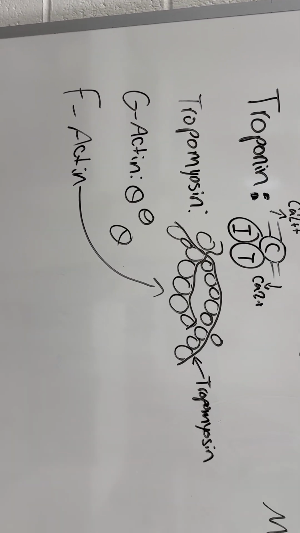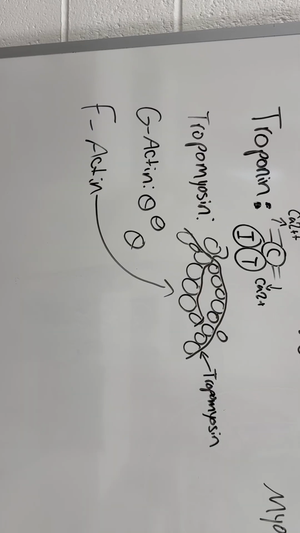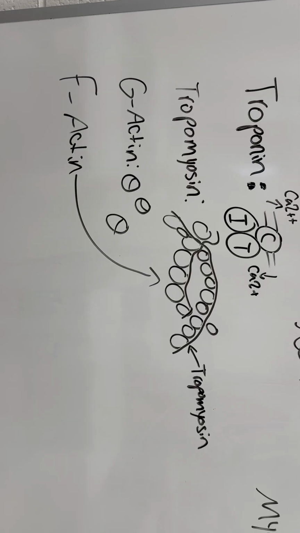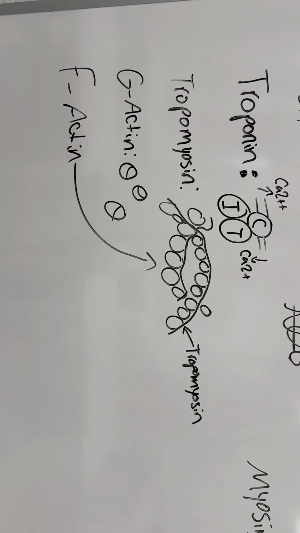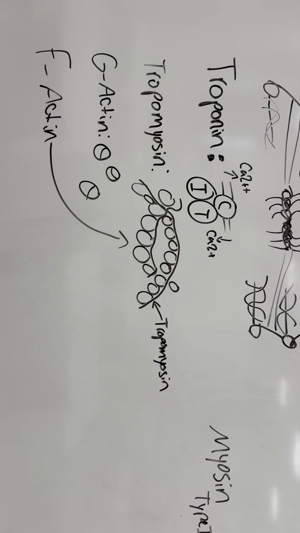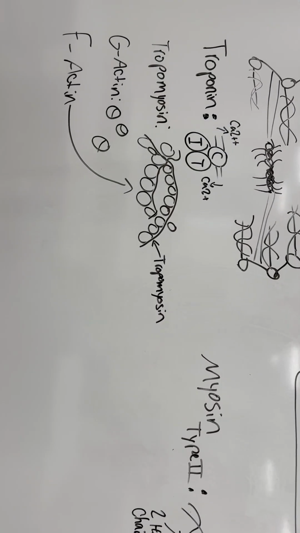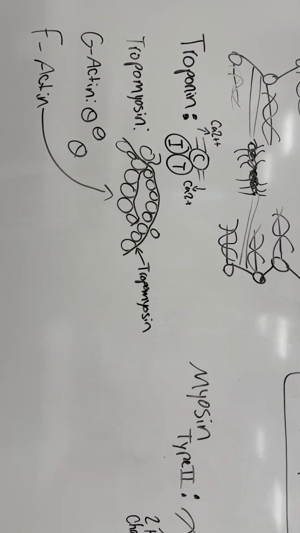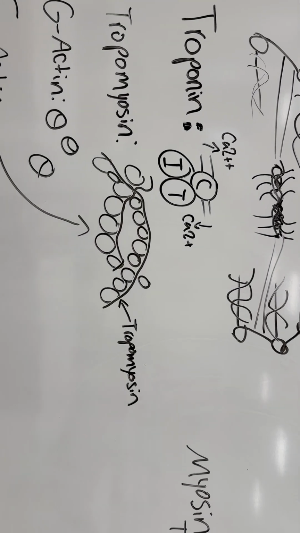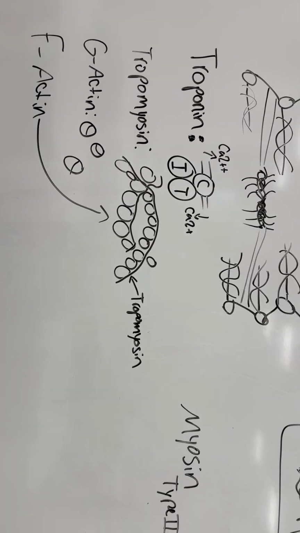Once these G-actin monomers polymerize and form F-actin, filamentous actin, it forms a kind of double helix structure, which is then covered by a protein called tropomyosin. Tropomyosin is going to inhibit the binding of these myosin heads unless we can get it off somehow.